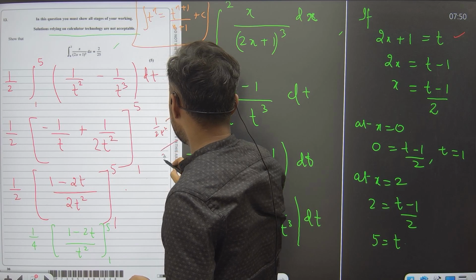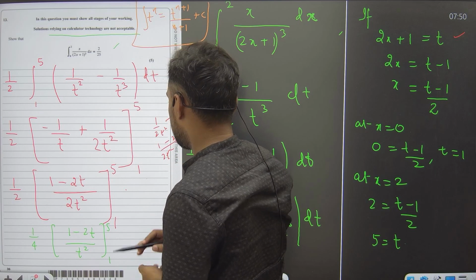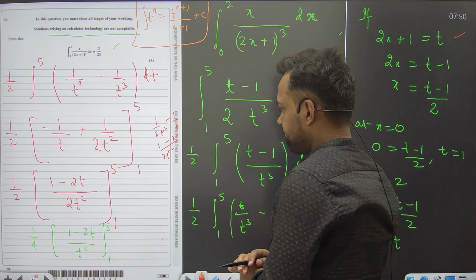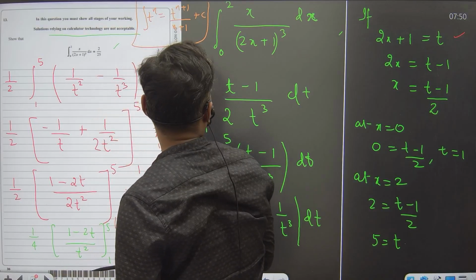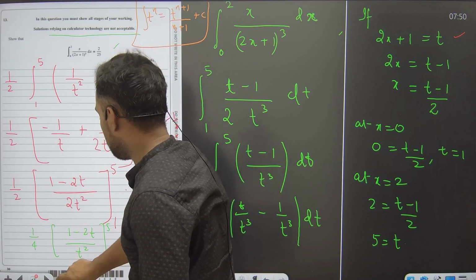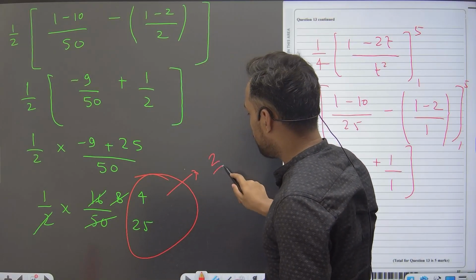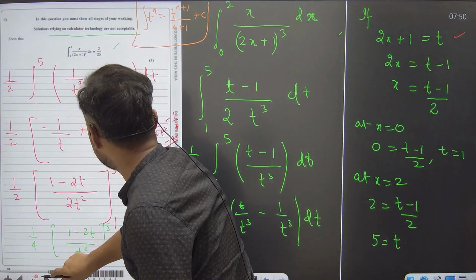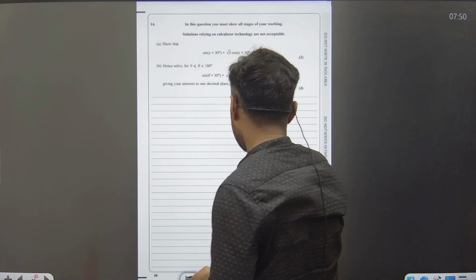So it will be 2t square, 1 negative of 2t. It is correct. 1 to 5, it is correct. So just comment in the box. I have missed a 1 by 2 here, so it will be 2 by 25 according to the question. So just see it and tell me where I did the substitution wrong, students.